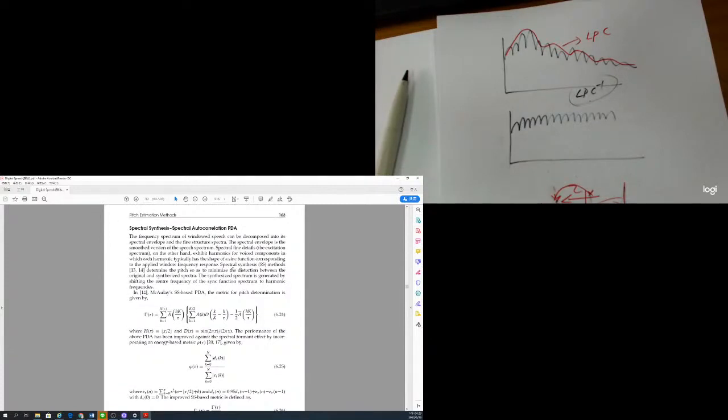And the other one we call the spectrum synthesis method, another spectrum synthesis pitch prediction.